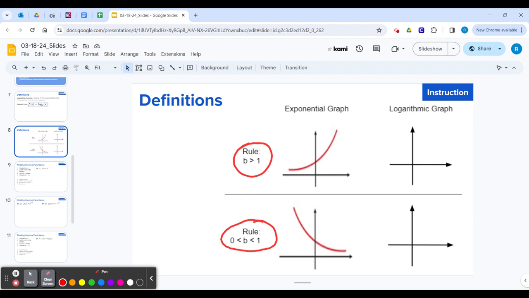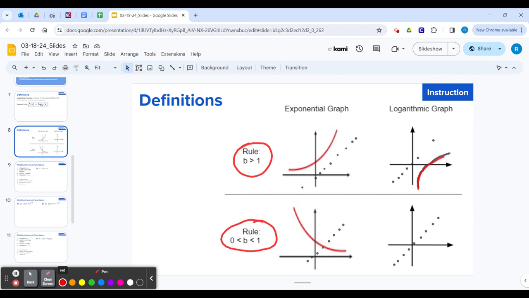And if you think about what our inverses do, remember that they flip the x and the y. So we are going to mirror across this line of y equals x when we get our inverse graph. So what the logarithmic graph, the inverse of the exponential, looks like is going to be something like this. I'll make that a red line there, sorry.